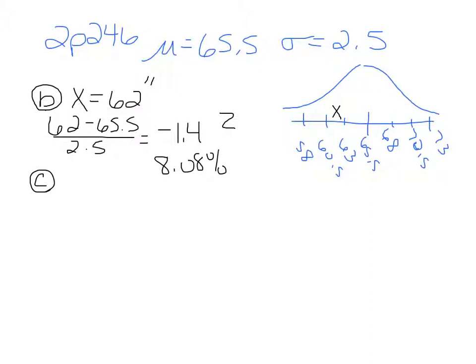C, now they want to find the percentage between Abby and Jackie. Well, this was Jackie, Abby is 68 inches, so got to calculate that. 2.5. I have a z-score of 1. A z-score of 1 gives me a percentage below of 84.13, sorry.